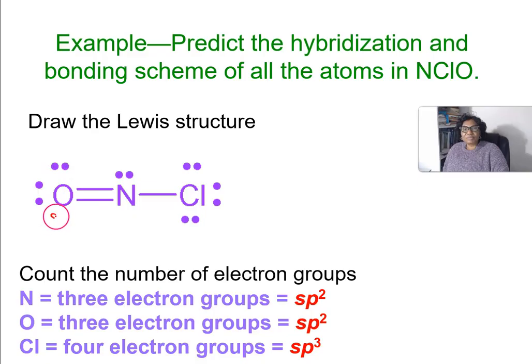This is sp2. 1, 2, 3, sp2. 1, 2, 3, 4, sp3. So nitrogen, 3 electron groups, sp2. Oxygen, 3 electron groups, sp2. Chlorine, 4 electron groups, sp3.